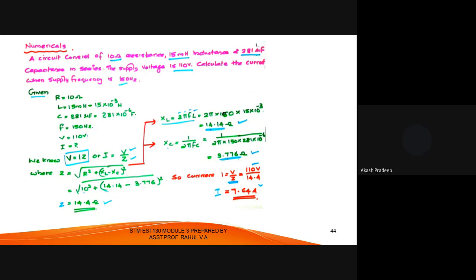Sir, 14.39. Okay, square root of 10 square plus (14.14 minus 3.776) whole square, right?